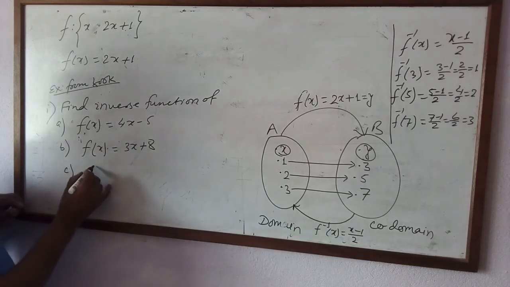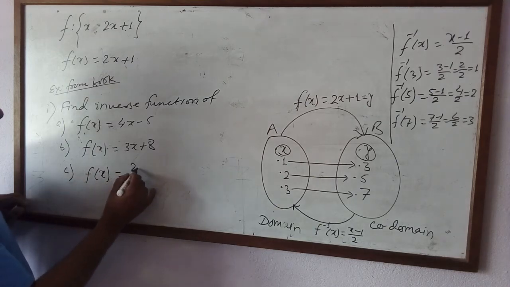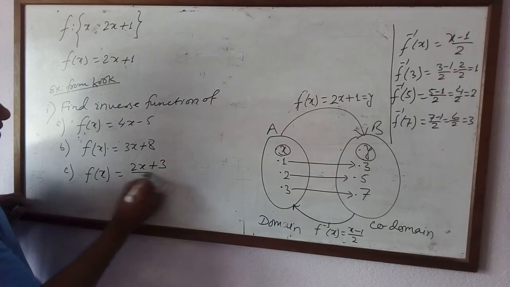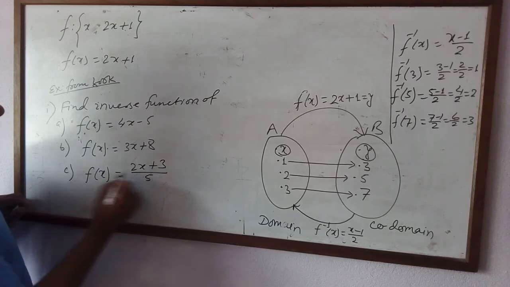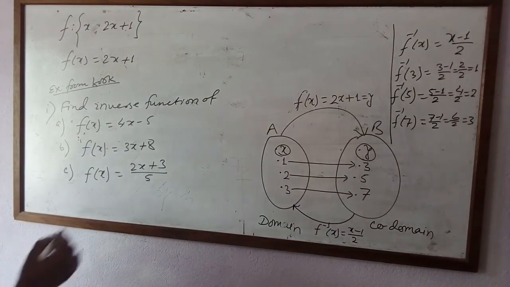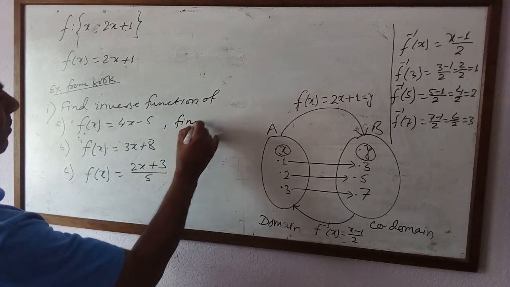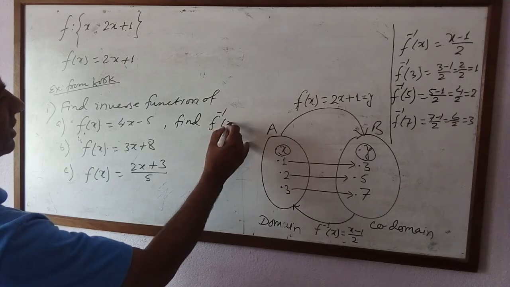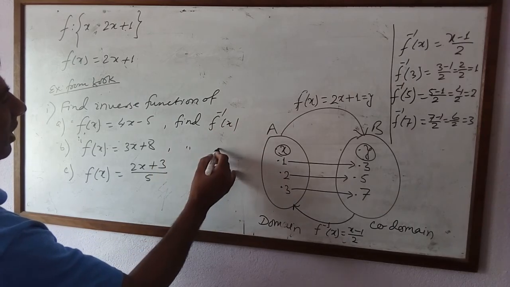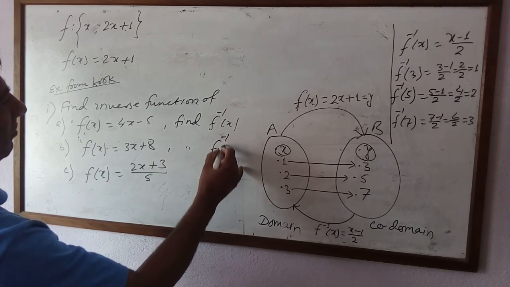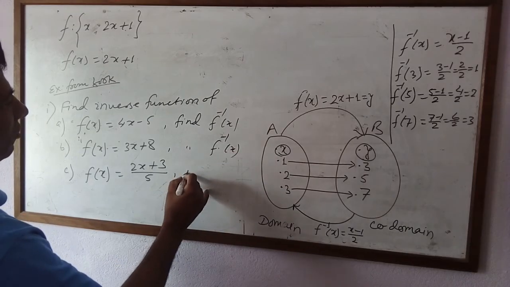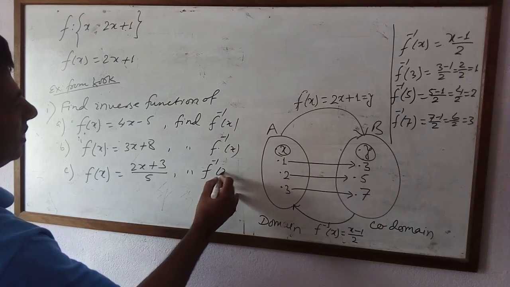C: f x equals 2x plus 3 by 5. Okay, these three questions: find f inverse x here, here also find f inverse x, and here also find f inverse x.